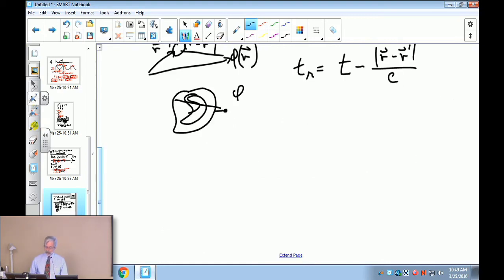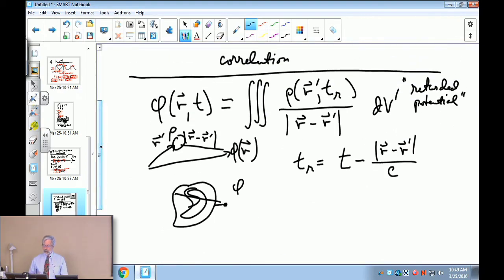Well, actually, before I do the A field, let's look at this one. This is what it looked like before. If we set c to infinity, then that time delay becomes negligible. If c is effectively infinite, then we can drop that delay, and we're simply looking at how the source generates the field over here without any consideration of propagation.